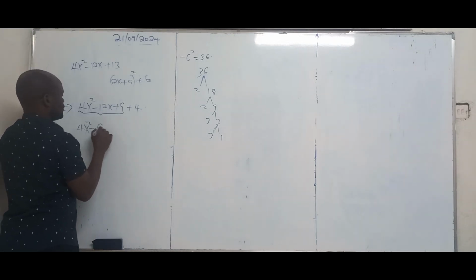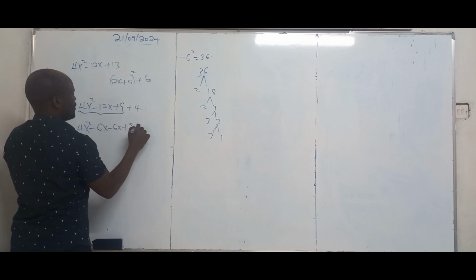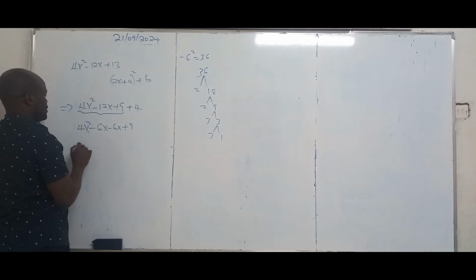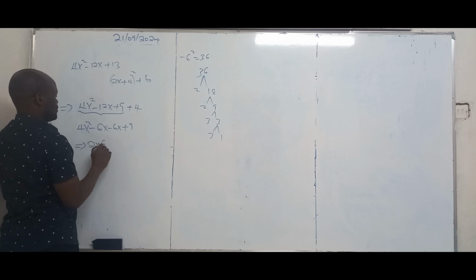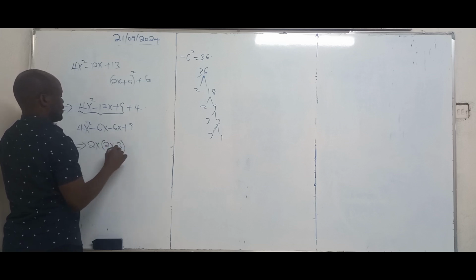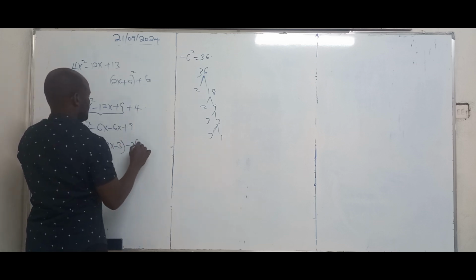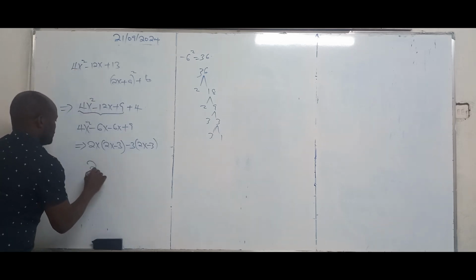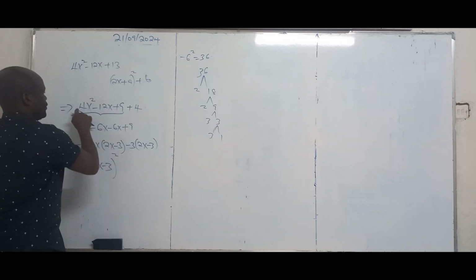So that is first minus 6x plus 9. That's this part alone, and that will give me 2x into 2x minus 3. Here I have minus 3 into 2x minus 3. So it means I end up with (2x minus 3) squared for this part.